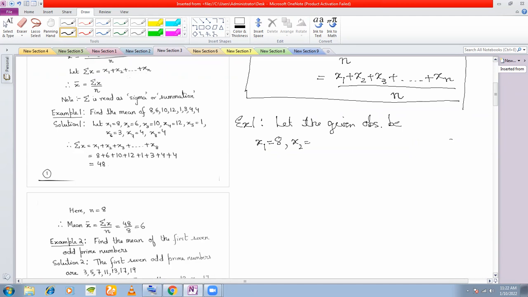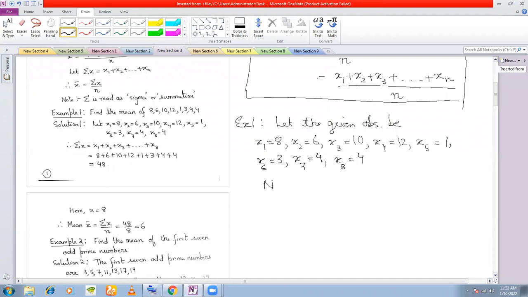Next, x2 is equal to 6. Next, x3 is equal to 10. x4 is 12. x5 is 1. x6 is 3. x7 is 4. And x8 is also equal to 4.